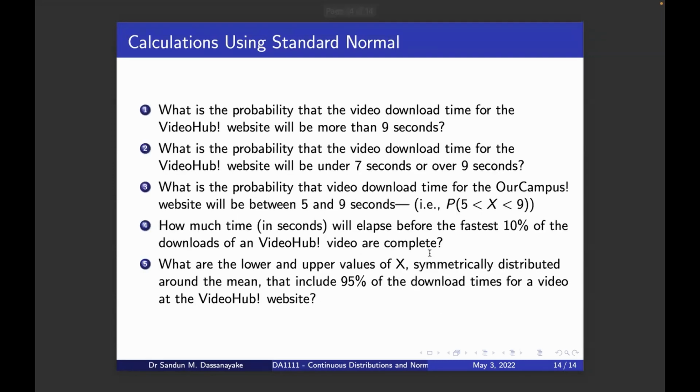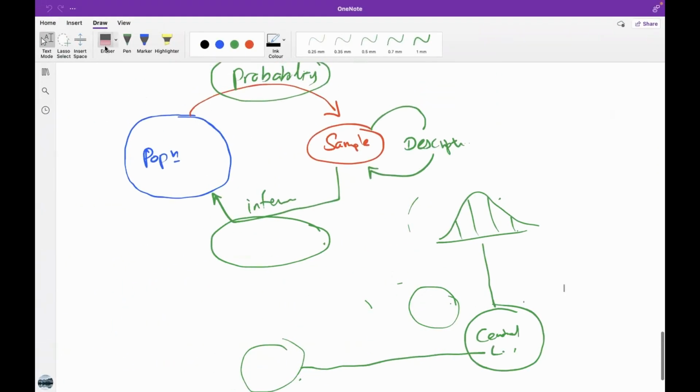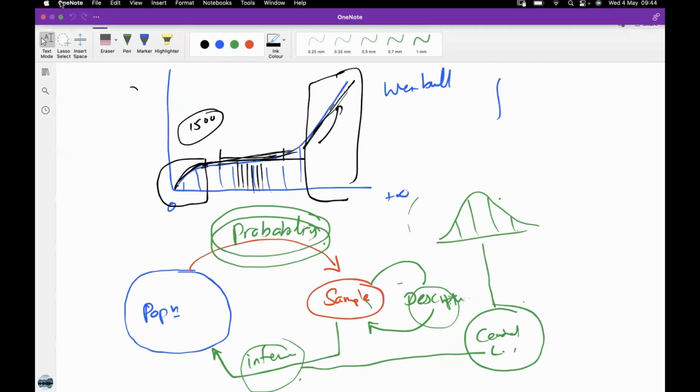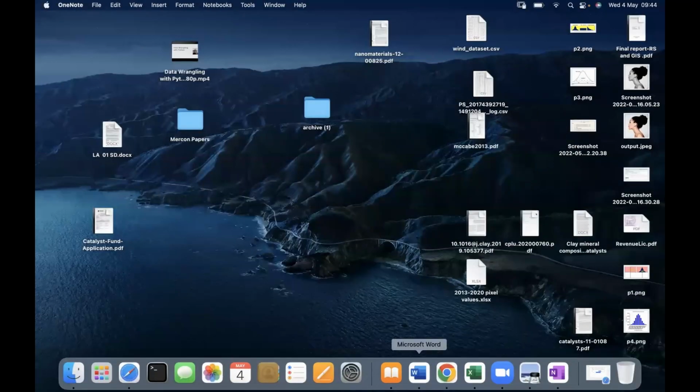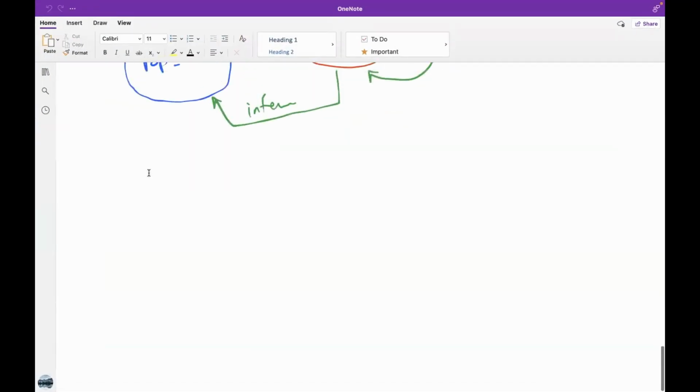So what is the question? What is the probability that the video download time for the Video Hub website will be more than 9 seconds? Now let's try to understand the question, and while doing that, let me first close this one, come back. Right.